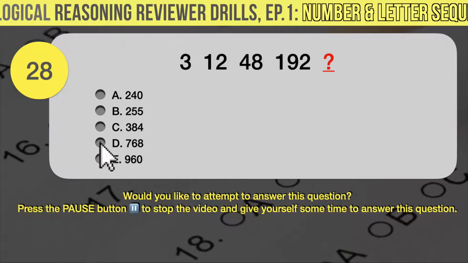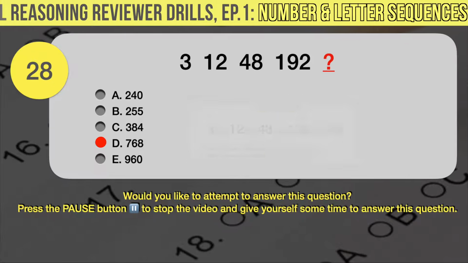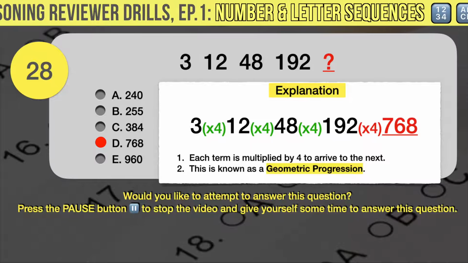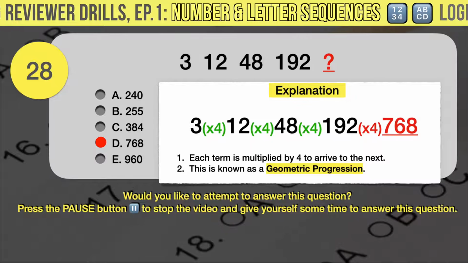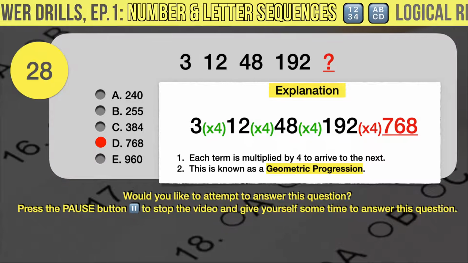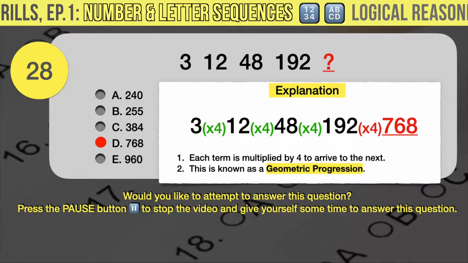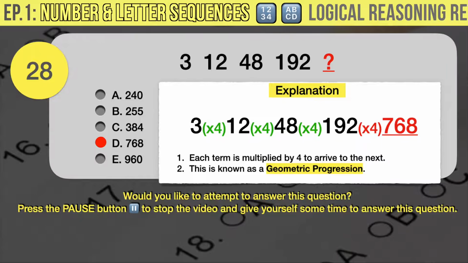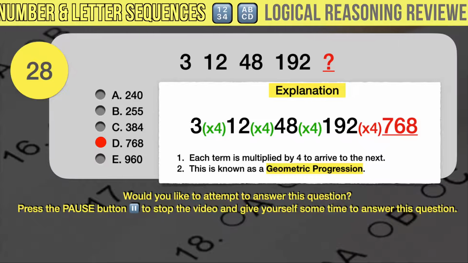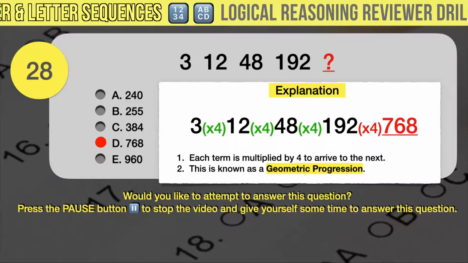The correct answer is D. 768. Our given number sequence goes like this. 3 times 4 equals 12, times 4 equals 48, times 4 equals 192. Therefore, the next logical step would be 192 times 4, which is 768.